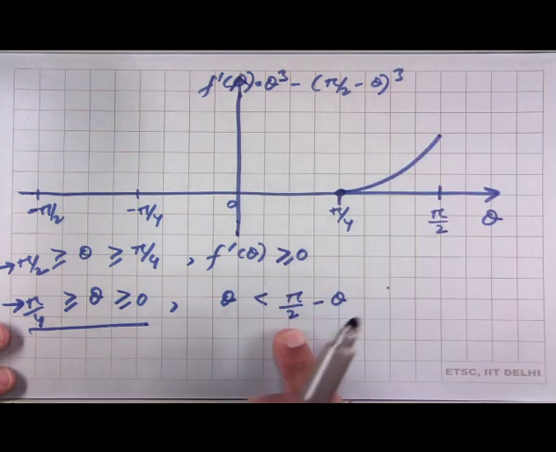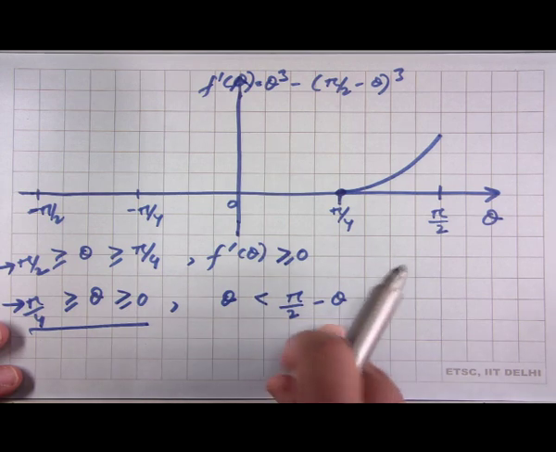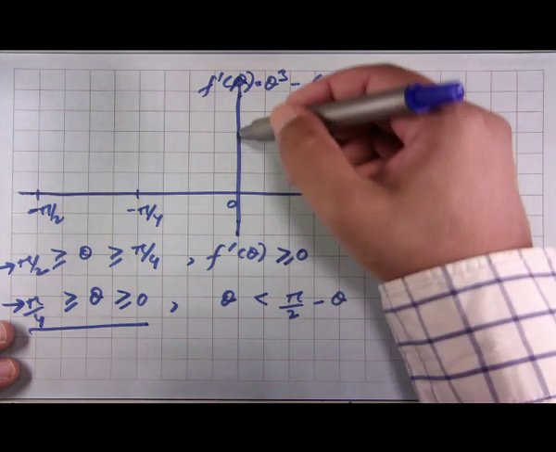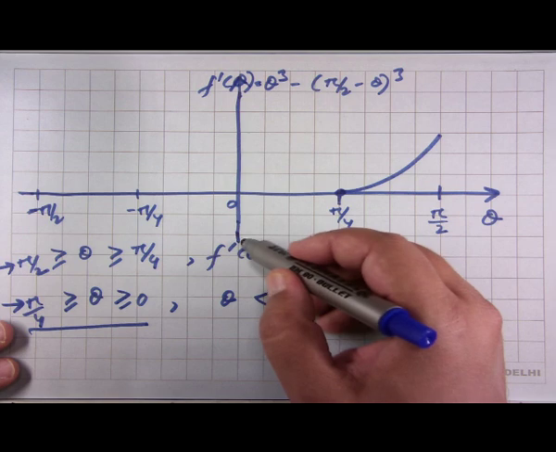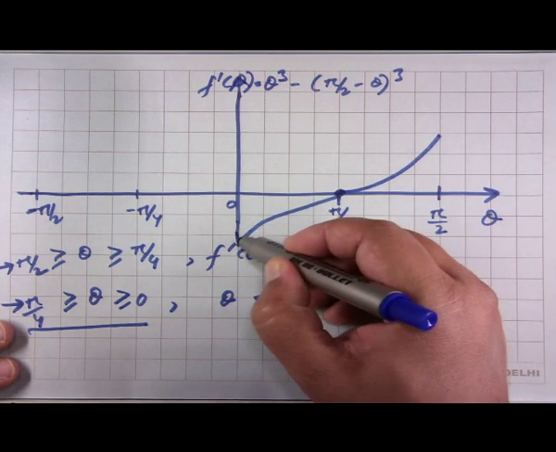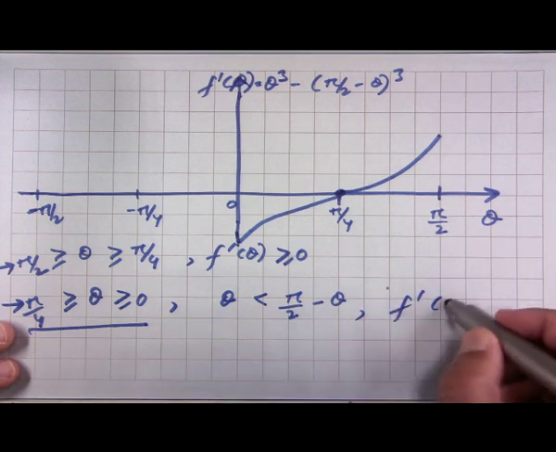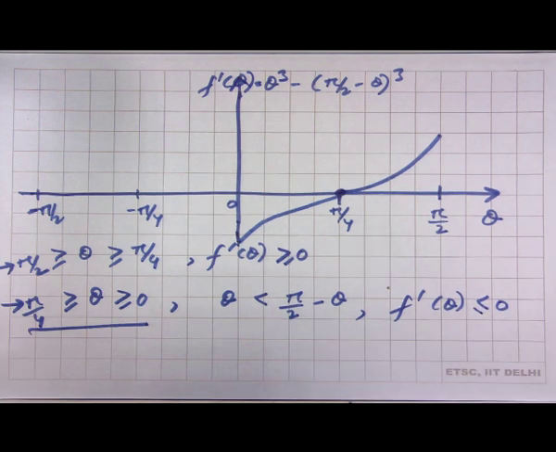Therefore f dash theta will be, let us say, somewhere here, something like that. So, we have f dash theta negative in this interval.